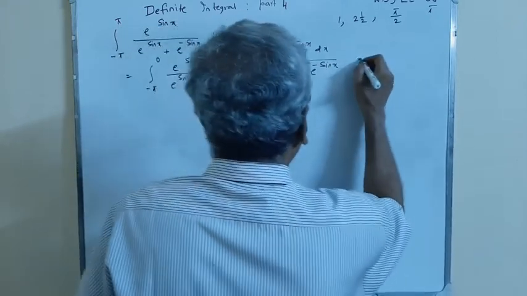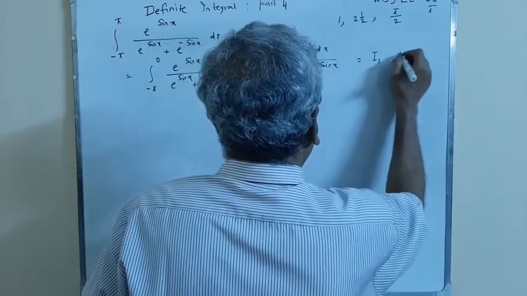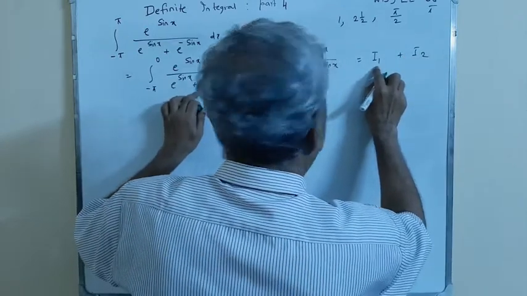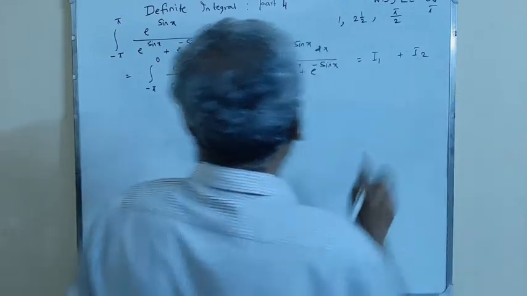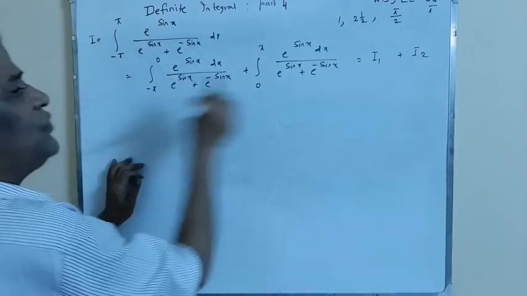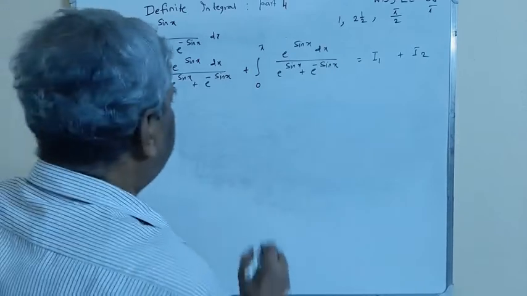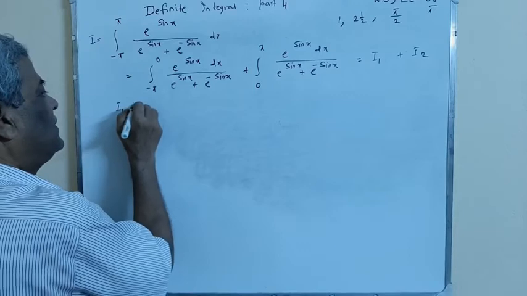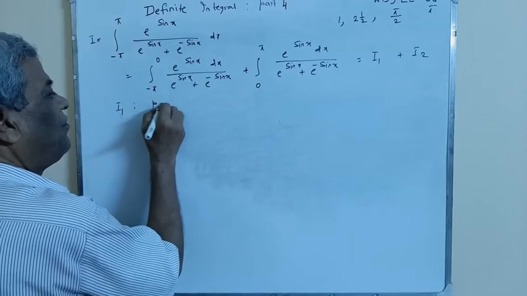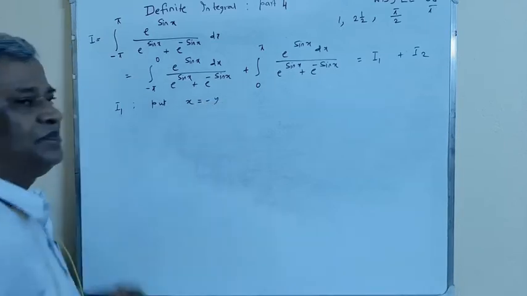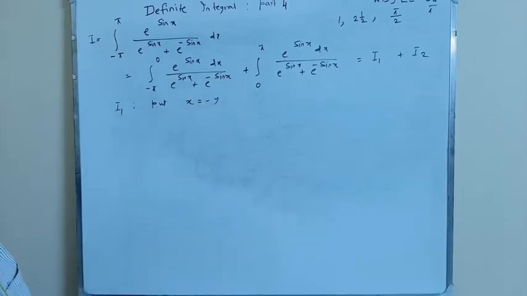Let us suppose that this is I1 plus I2. I1 is this, I2 is that. So if it is I, then I is equal to I1 plus I2. Now in I1, put x is equal to minus y. Let us see what happens.